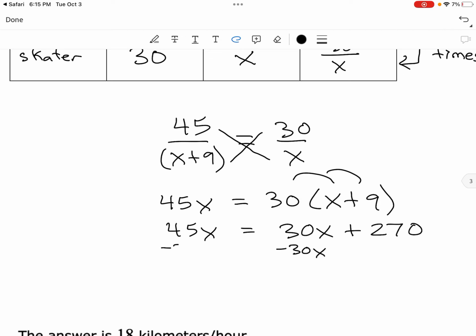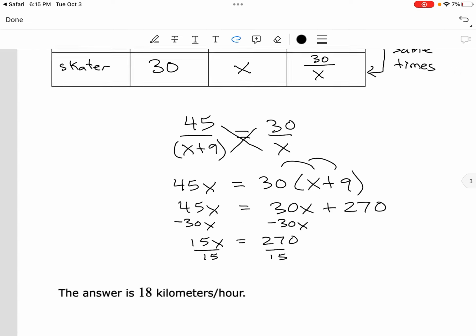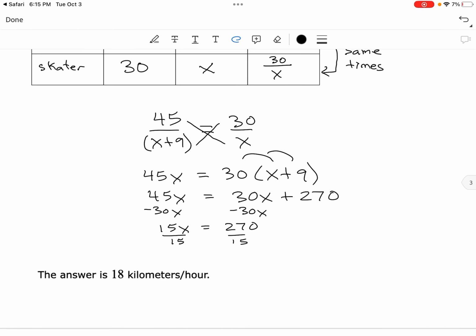So we'll do minus 30x, minus 30x. So we get 15x is equal to 270. Divide by 15, divide by 15. 270 divided by 15 is 18. And so that's where our answer came from. x is equal to 18. But again, they were asking for the speed of the skater, so the skater is going at 18 kilometers per hour.